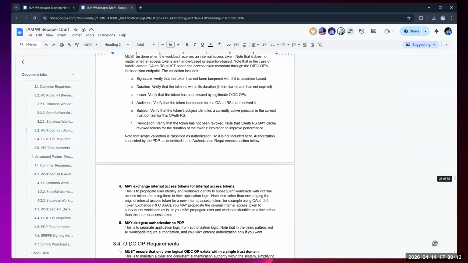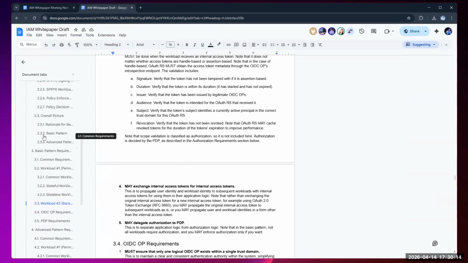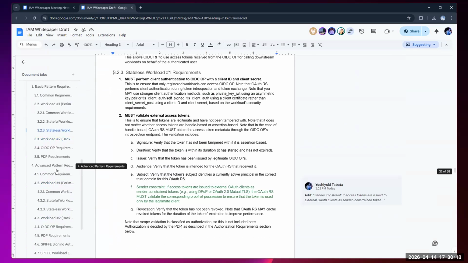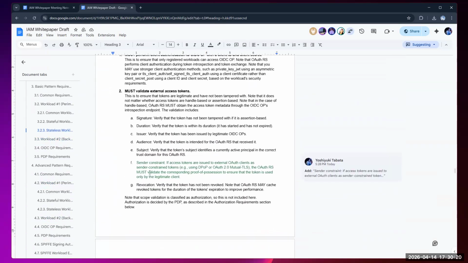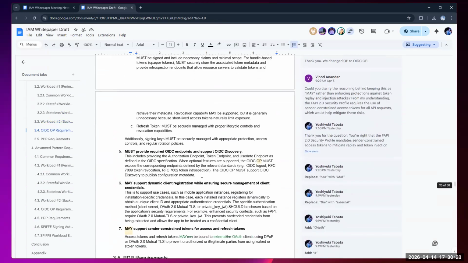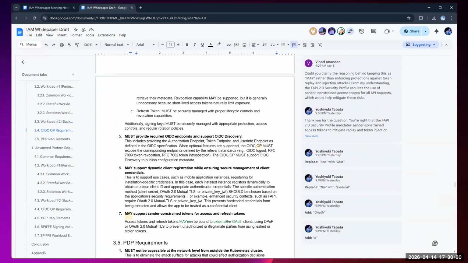And also the requirement in stateless workload to validate, including sender constraint. Do you have any opinion about that?